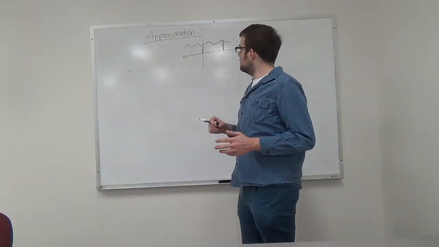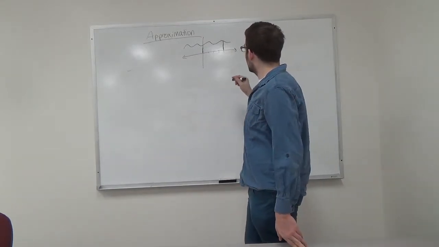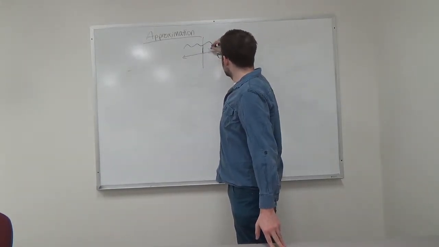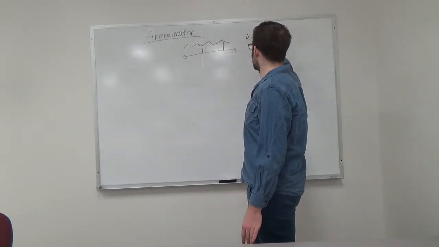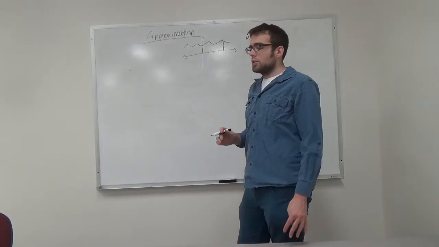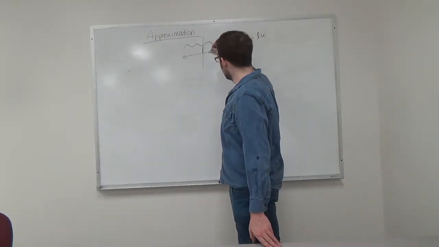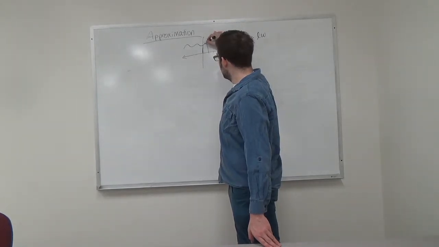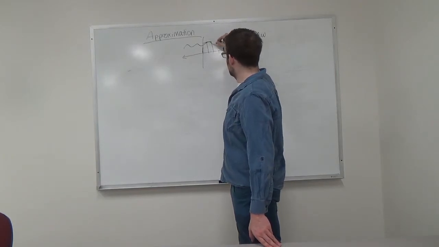So first, what we're going to do is take a look at rectangles. We know the area of a rectangle is equal to length times width. So something that we can do is approximate the area by finding rectangles.